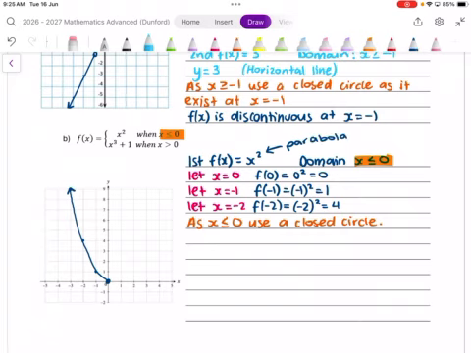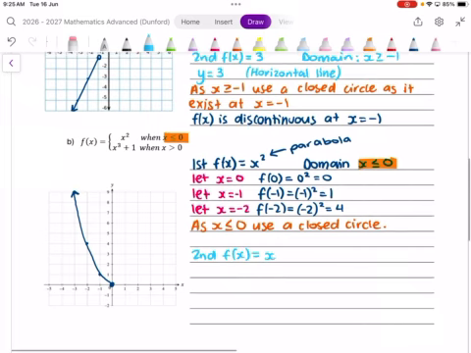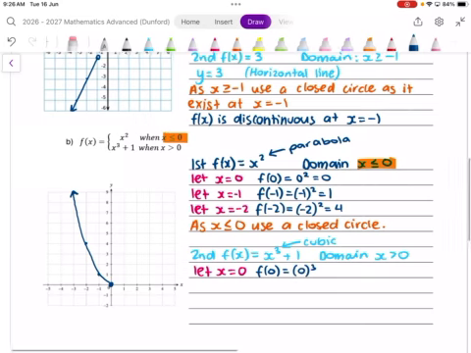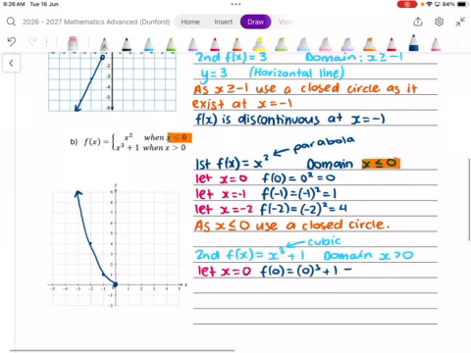Our second function is equal to x cubed plus 1, and our domain is x is greater than 0. Now our x cubed function is a cubic. So if we see what happens when we let x equal 0, we get f of 0 is equal to 0 cubed plus 1, which is just equal to 1.